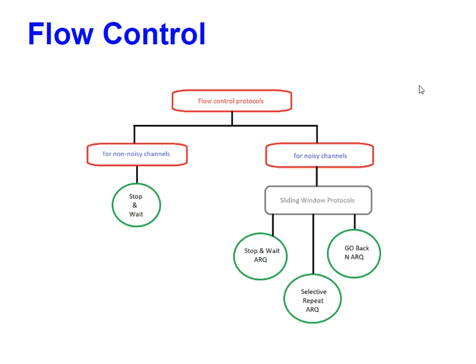So to avoid that particular situation, this flow control is being done. That means the receiver device has a certain limitation. And what is that limitation?